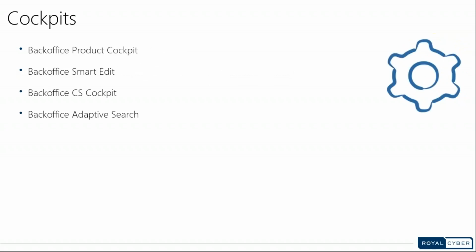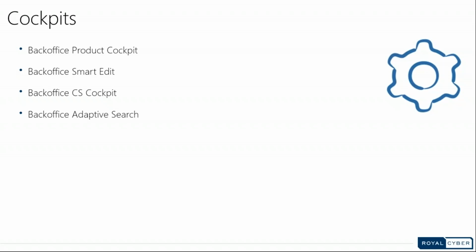Right. The last part of my 1811 features I would be talking about is the cockpits. Cockpits are extensive tooling interfaces provided by SAP Commerce. They are used for backend administration, and they are all built on the ZK framework, which is basically a rich internet application framework.